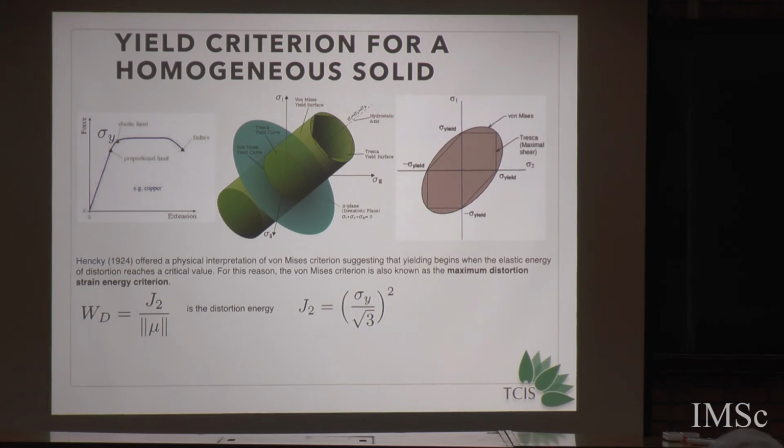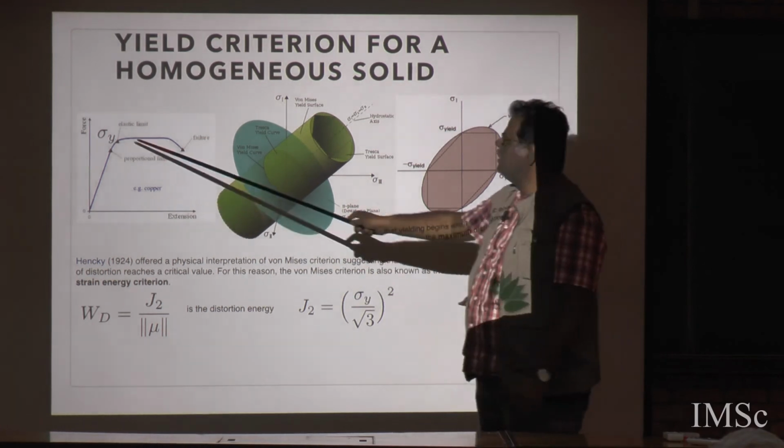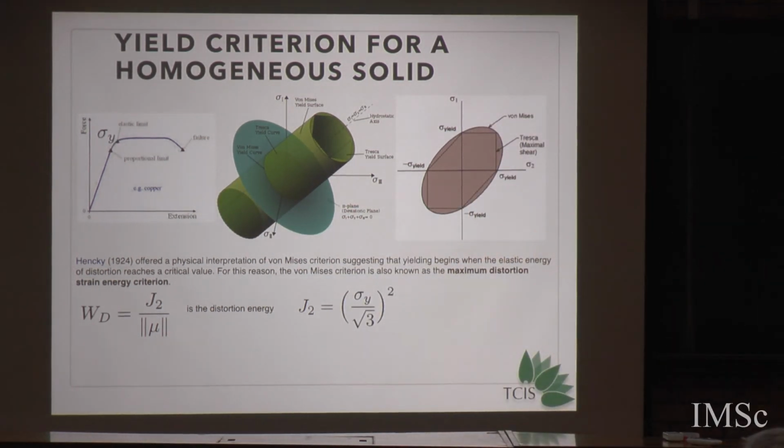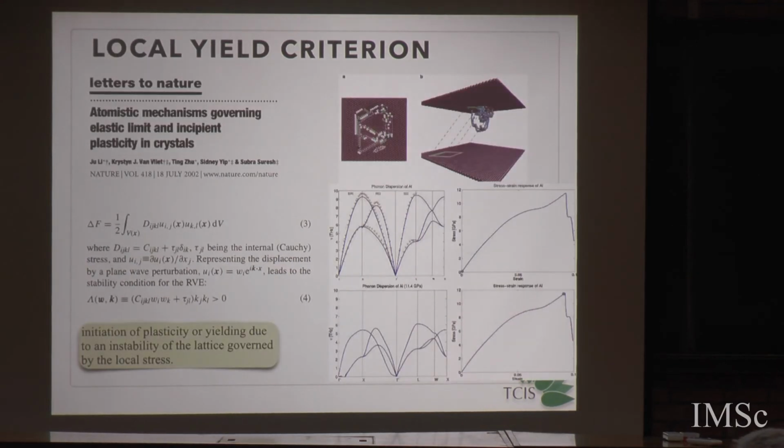And of course this is extremely useful to engineers who would like to design some bridge or a car or whatever. But in terms of physics, the content is very small, because you have not really explained anything. You have not said why things will yield when stress goes beyond this threshold. Okay, so that was the global yield criterion.